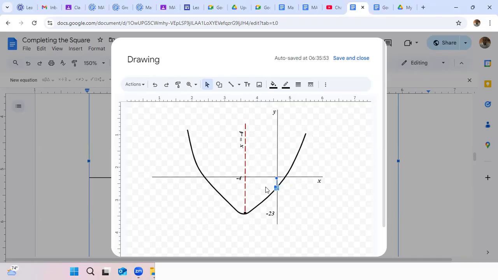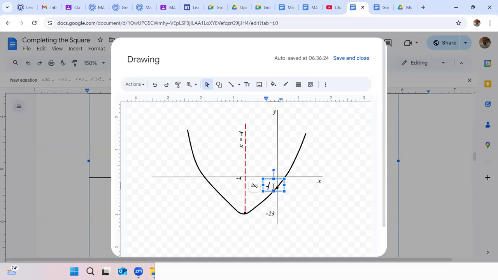And I purposefully make the curve cross the y-axis on the negative side. That's below the x-axis, because y-intercept is -7. When x is equal to 0, y is equal to -7.